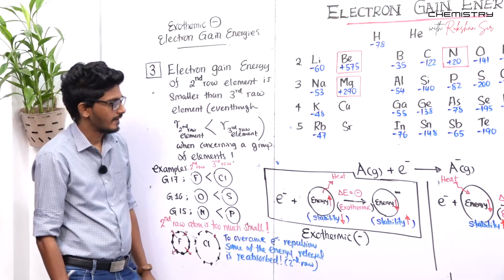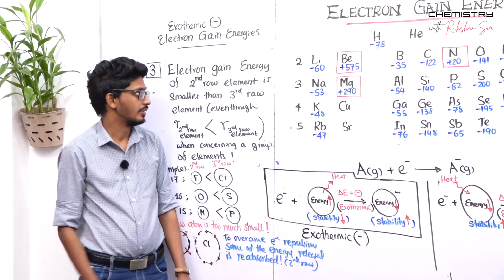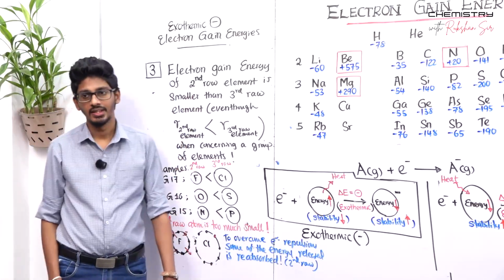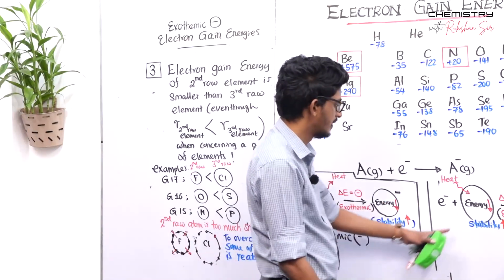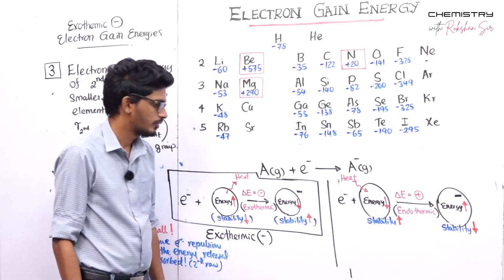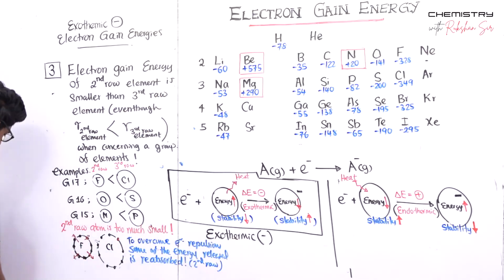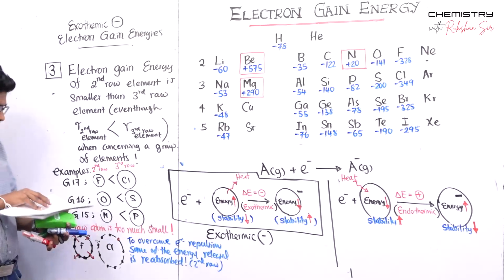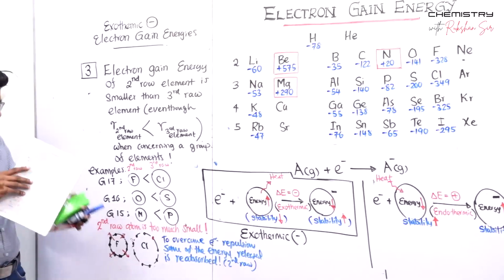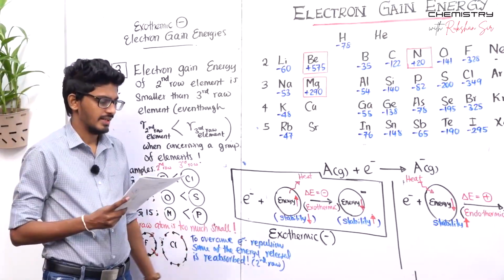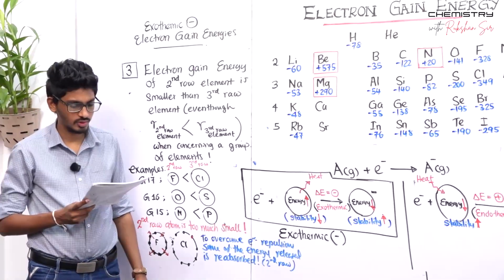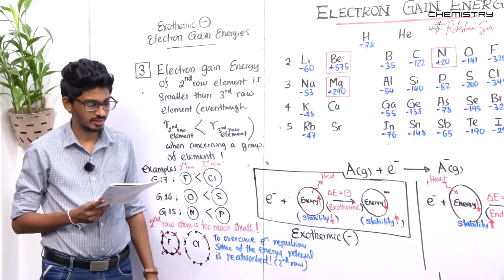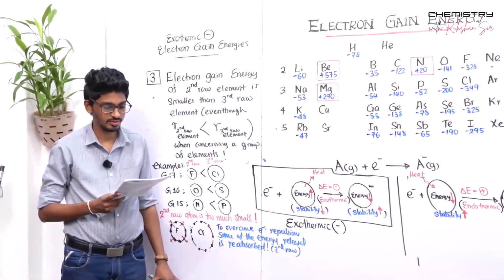After that, you can complete the note. After that, we'll come across the endothermic values. There's a space there in the note. They are saying at the next page, exceptional case: even though second row atoms are smaller than third row atoms, still the electron gain energy, the exothermic value for second row atom, is less than that of third row atom.